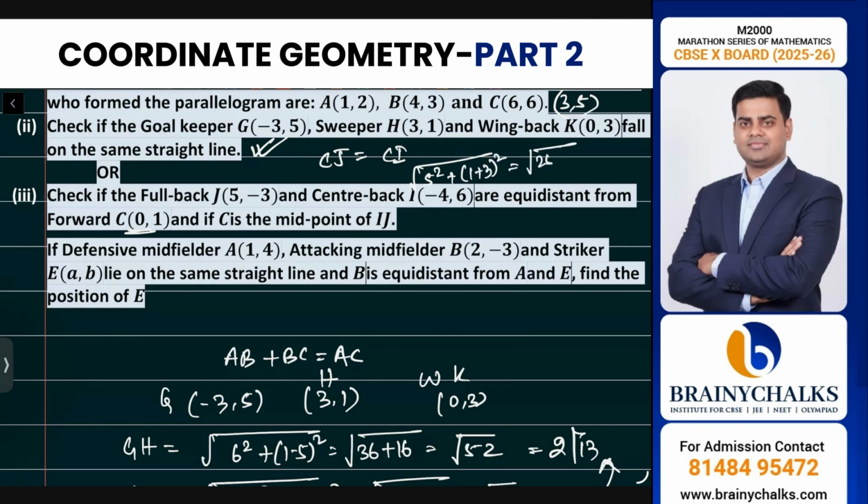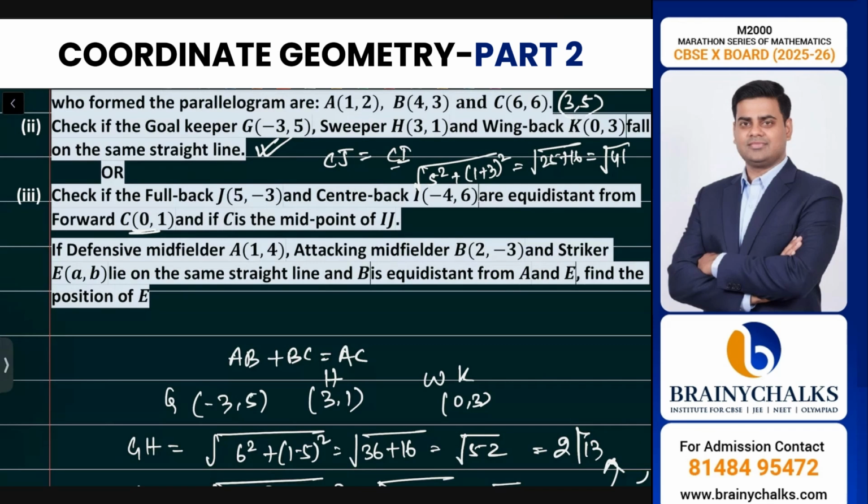So root under 25 plus 16, root 41. Now find CI: (minus 4 minus 0) the whole squared plus (6 minus 1) the whole squared. So root 16 plus 25, that is root 41. Yes, it is equidistant. Correct?